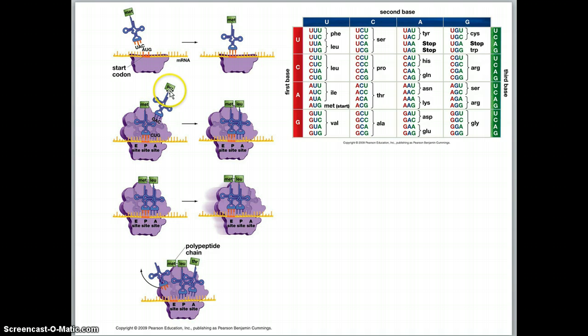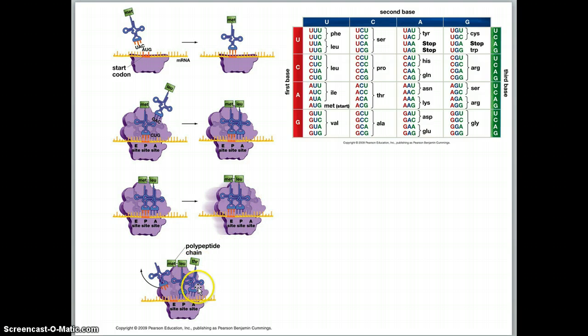What's going to happen next is that the next corresponding tRNA molecule is going to match up the anticodon with the codon, and it's going to bring in the appropriate amino acid. A bond will form between those two amino acids, and this will cause a little shift in the mRNA, and it'll make room for a new tRNA molecule to come in.